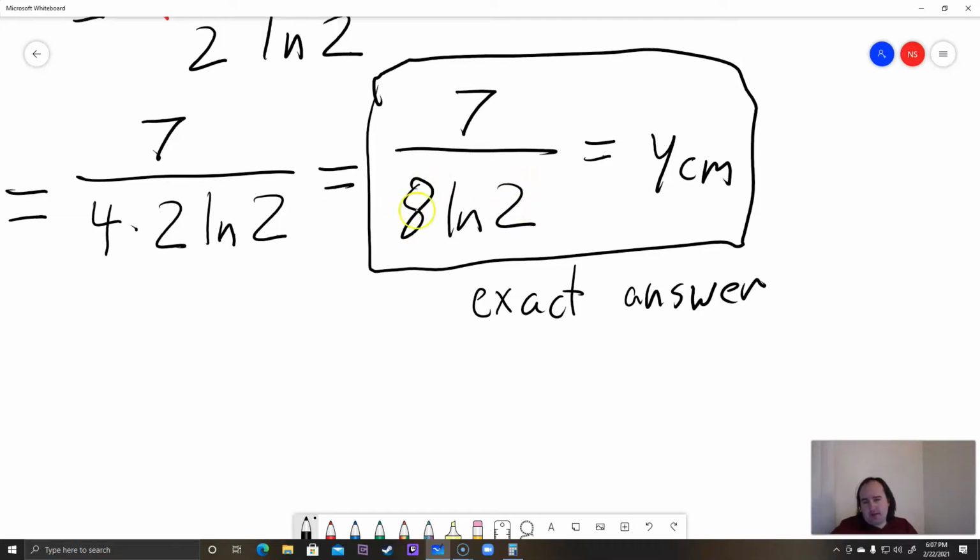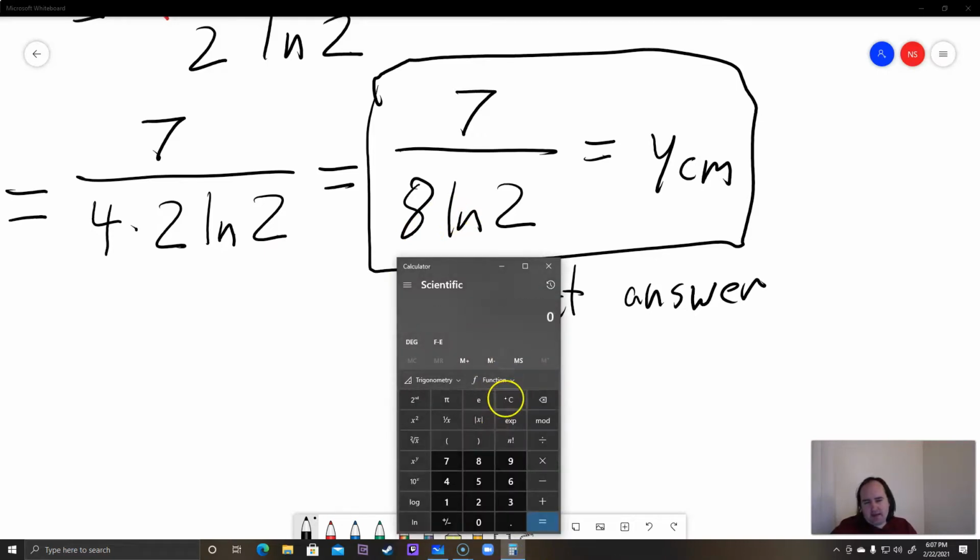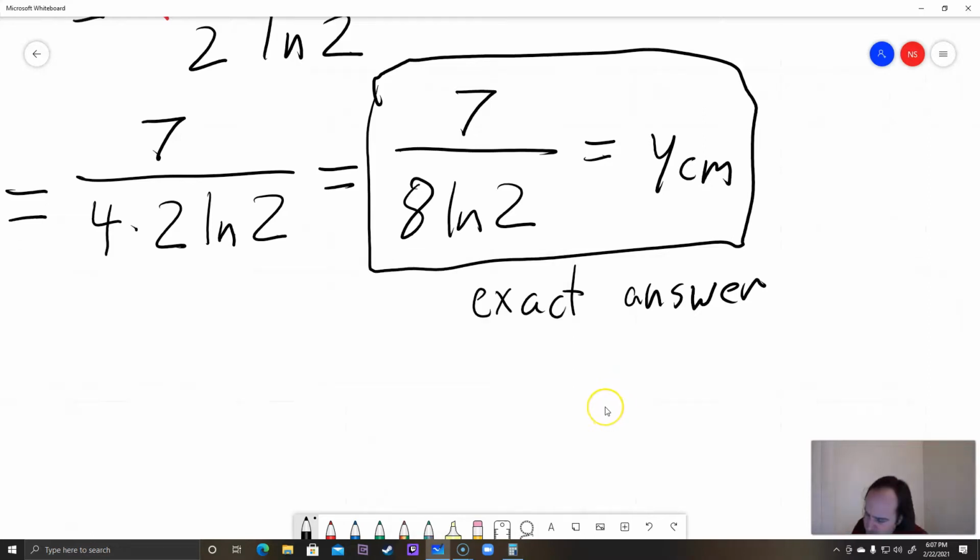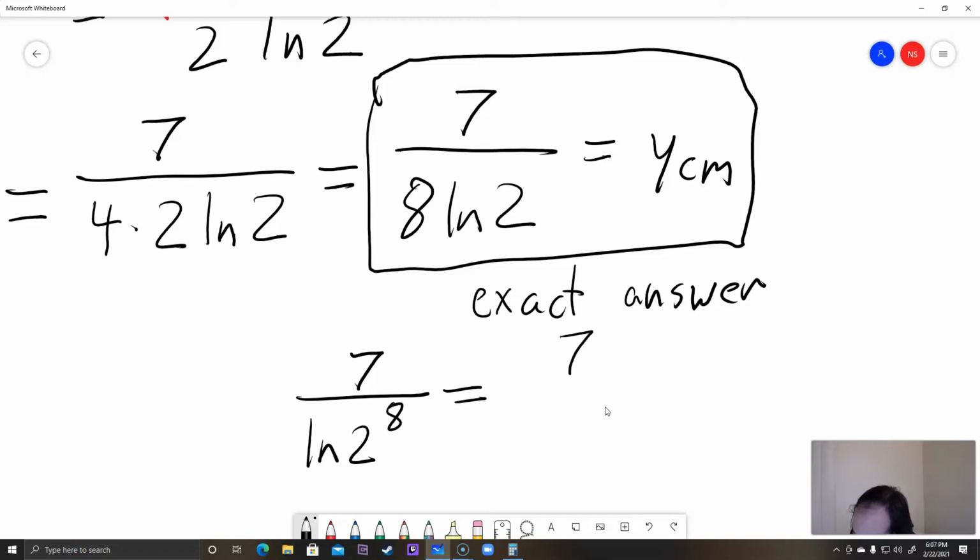For this example, you would get ln of 2 to the 8. 2 to the 8 is actually 256. So down here we could have 7 over ln of 2 to the 8, which is actually 7 over ln of 256. That would be another way of writing your exact answer.